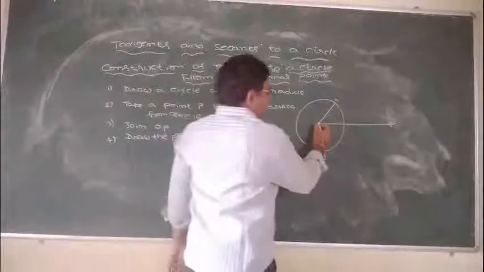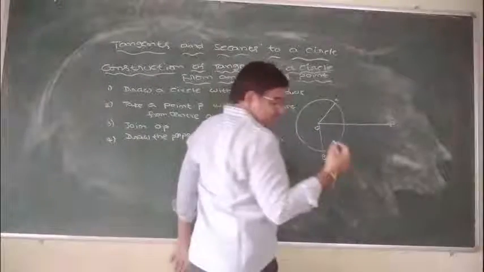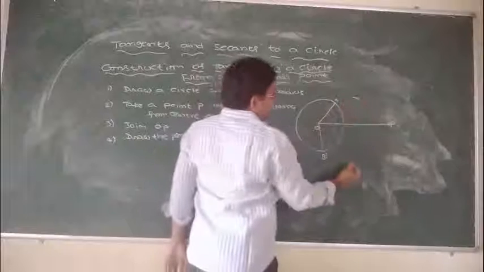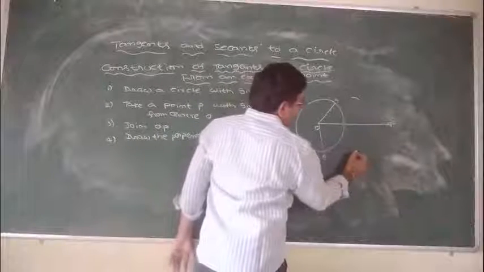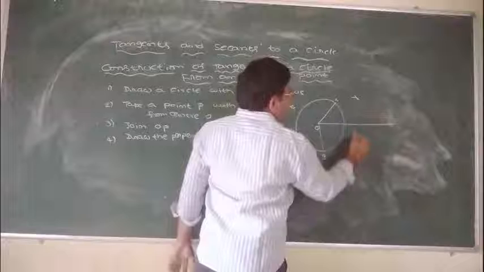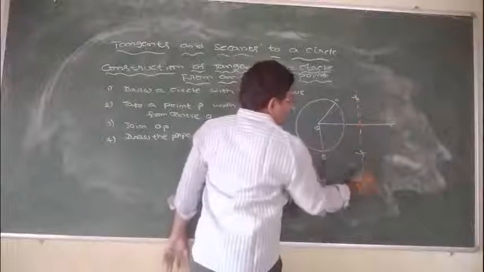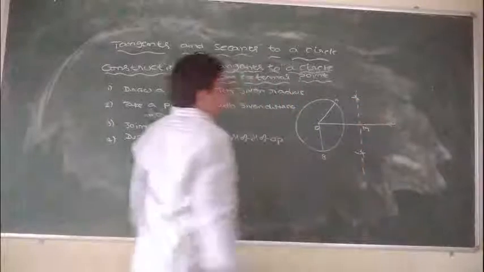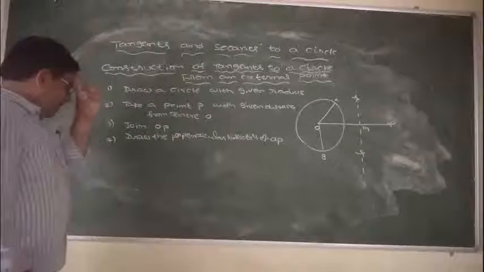That means from O, draw an arc, and from P also you draw two arcs, join them, that will be intersecting at M.